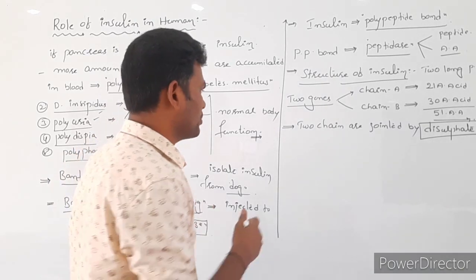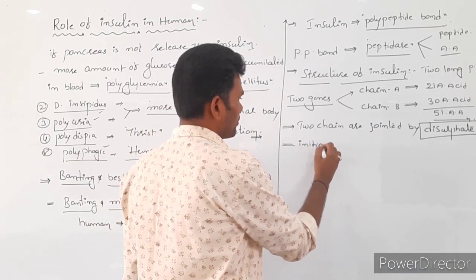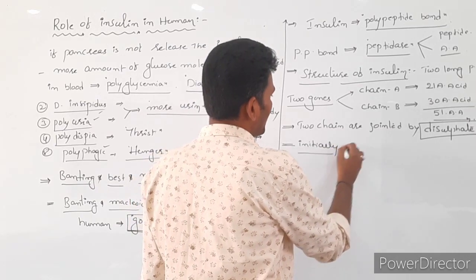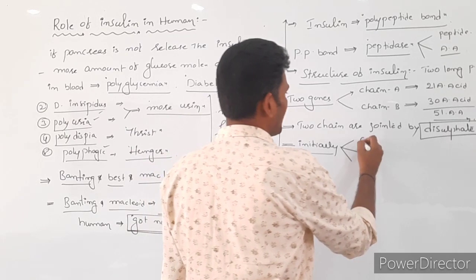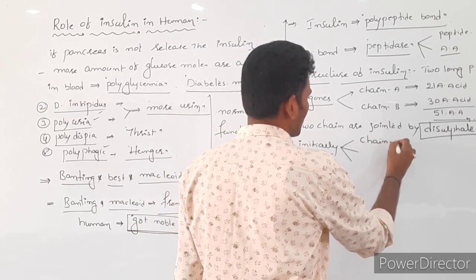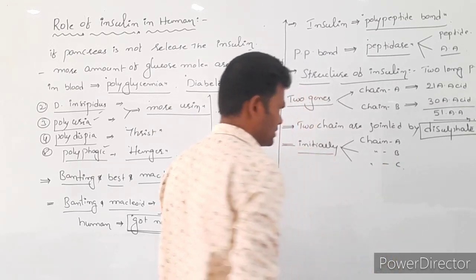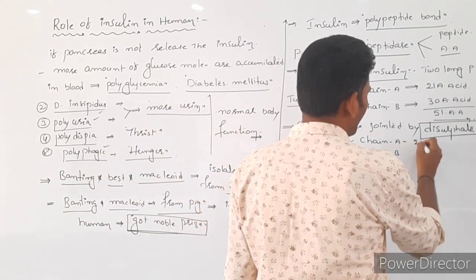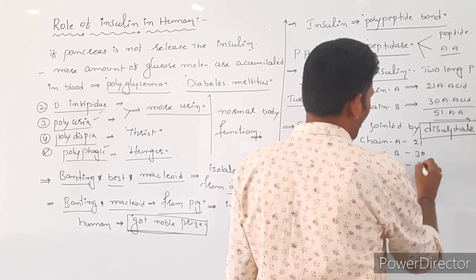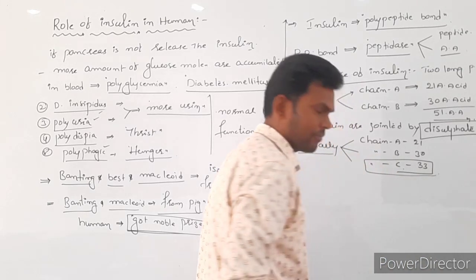Generally in humans, initially, insulin contains three chains: chain A, chain B, and chain C also. Chain A has 21, chain B has 30, and chain C has 33 amino acids.